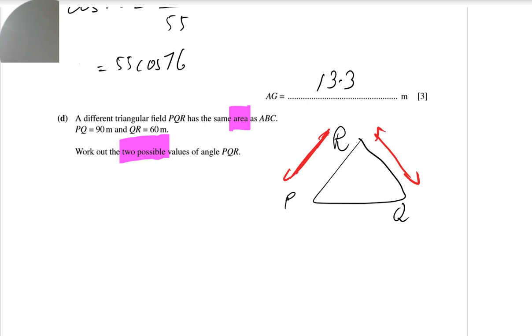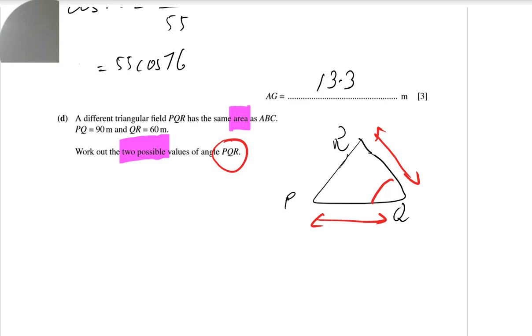and QR. So for the area of a triangle, the angle between the two sides should be available. PQ, sorry, my bad. This is the side PQ, and this should be the angle we need to find.